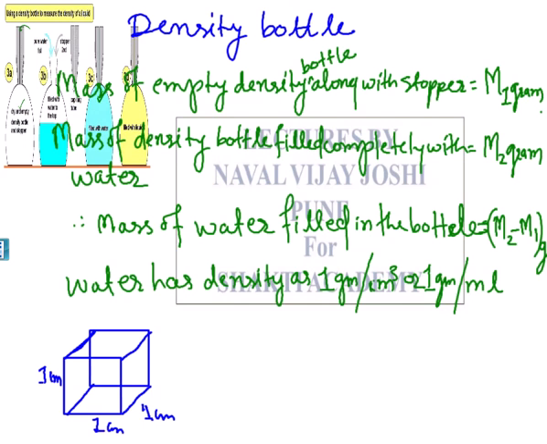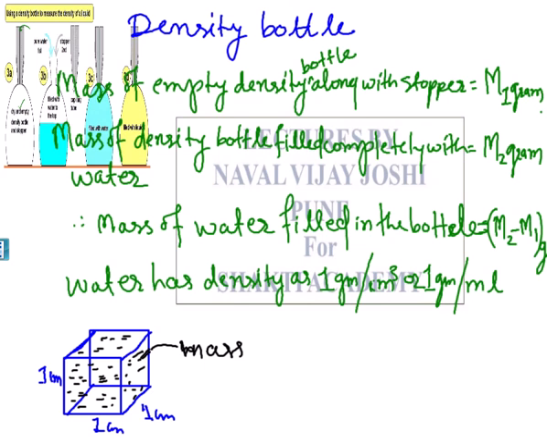And if this cube is filled completely with water, then how much would be the weight of this water? I can say mass, correctly. I told you that mass and weight are different, but at your age level I often call it mass or weight.